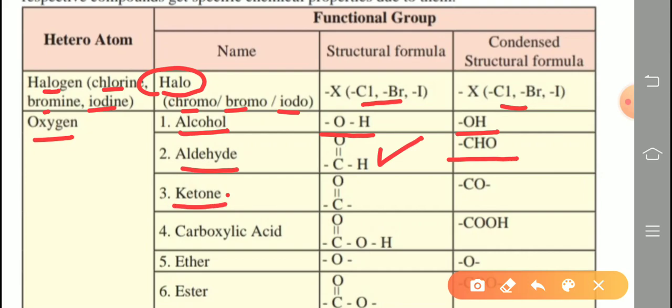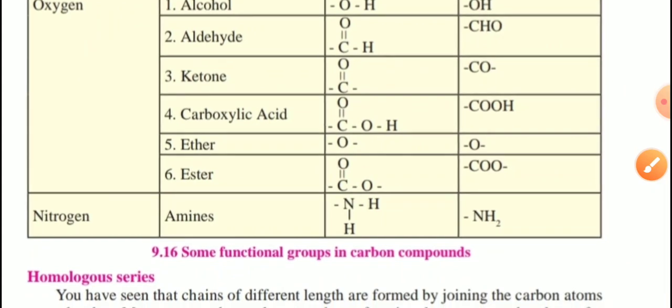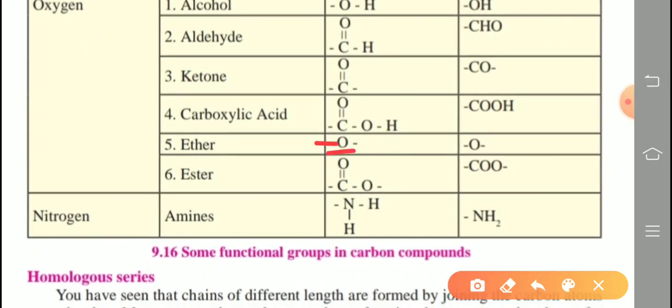C double bond O, the remaining two valencies are shown by short lines. So condensed is CO. Carboxylic acid: C double bond O, again O and H, COOH is the condensed one. Then only oxygen with two valencies is called ether. Ester: C double bond O and again O is shown here. COO is the functional group of ester.